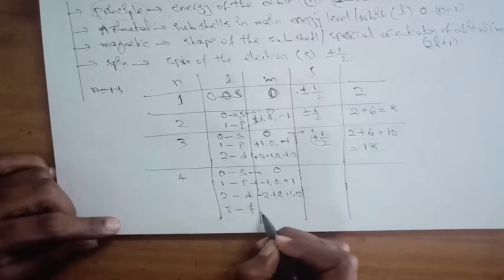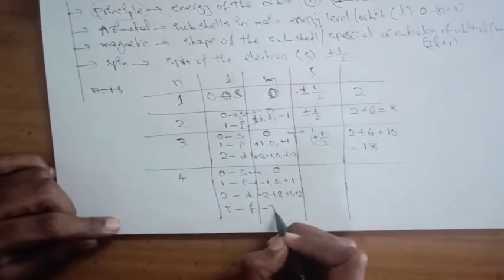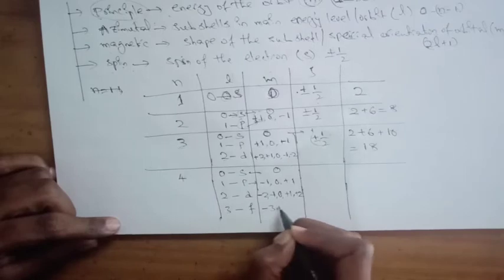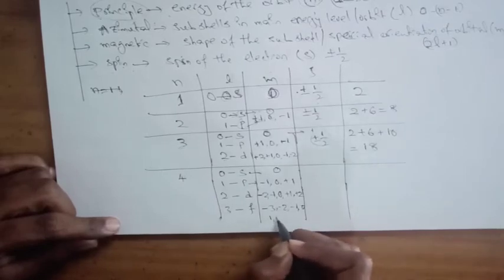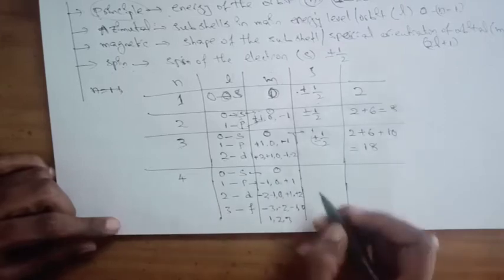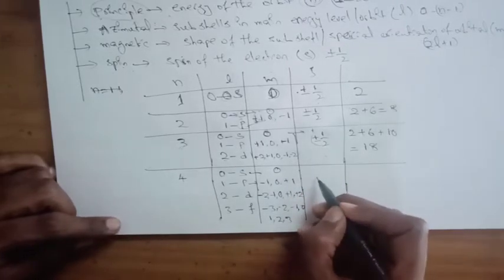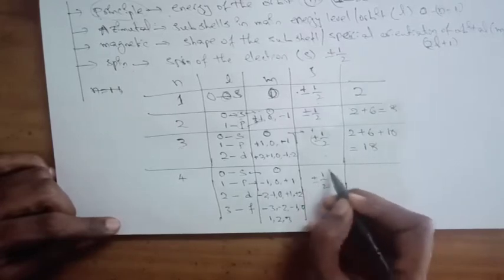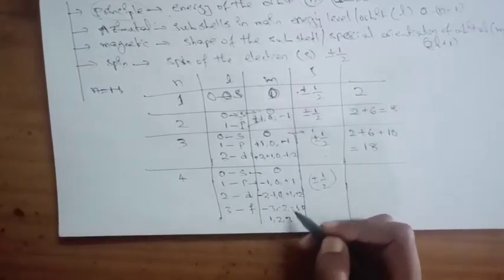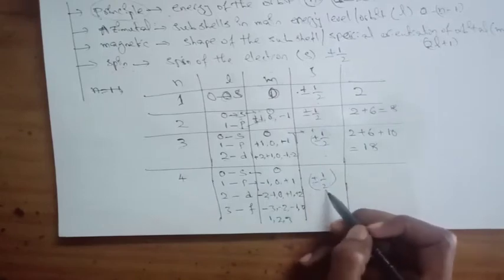And for the f orbital it goes from -3, -2, -1, 0, and up to 1, 2, 3. All the electrons occupied in this state are +1/2 or -1/2. Each individual orbital consists of a pair of electrons.